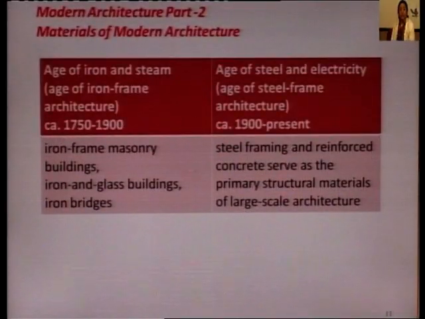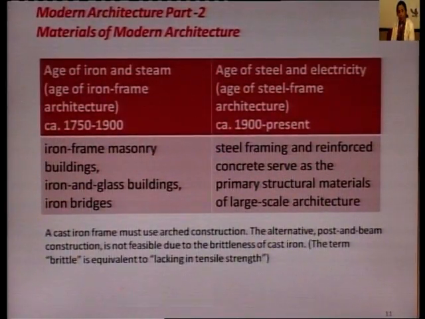Let's look at the materials now of modern architecture. We talked about the age of iron and steam a little while ago. It was 1750 to 1900, and the age of steel and electricity was 1900 to the present. In the first one, iron and steam, we have iron frame masonry buildings, iron and glass buildings, and iron bridges. And in the second one, the steel and electricity age, we have steel framing and reinforced concrete serving as primary structural materials for large-scale architecture.